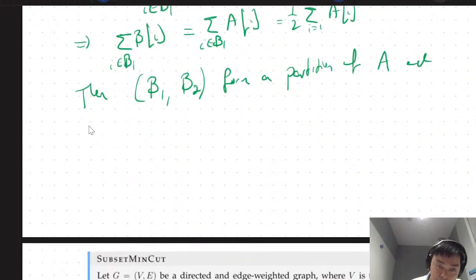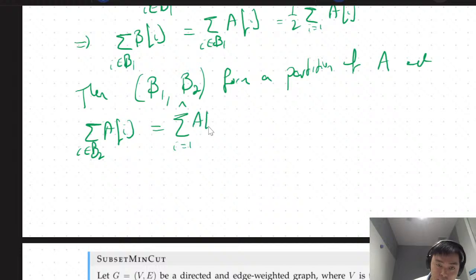The sum of the elements in B2 is just the total sum minus the elements in B1. But remember, this was equal to a half times the total sum.